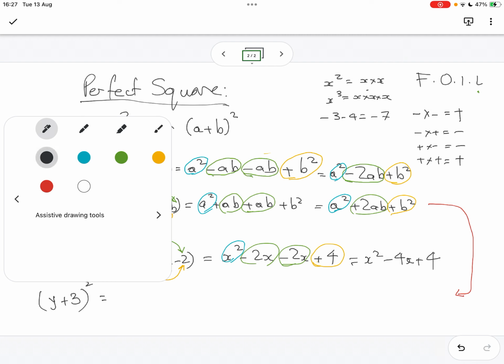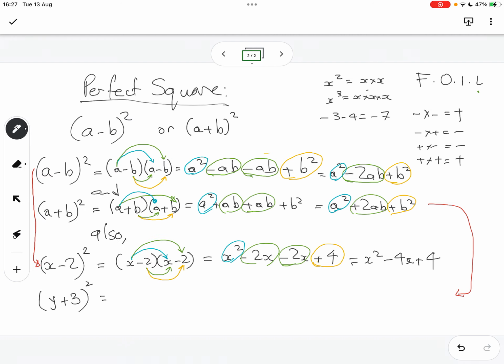So let me just do this so it's less confusing. Here we'll have y plus 3, equals y squared plus 3y. So let's do this. That's the first one.